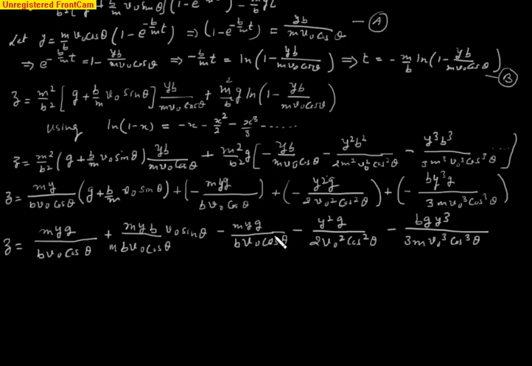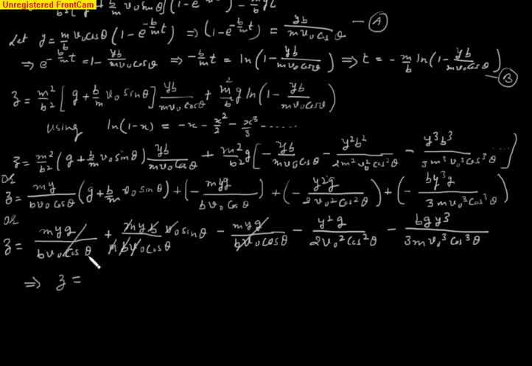Now if you compare this term with this term, these are the same but negative and positive, so you can cancel this term with this term, and we are left with these three terms. In this equation v naught will cancel out, m will cancel out and b will also cancel out, so we are left with only y and this. So ultimately we can write further, here you must write 'or', because we are writing the same term again.